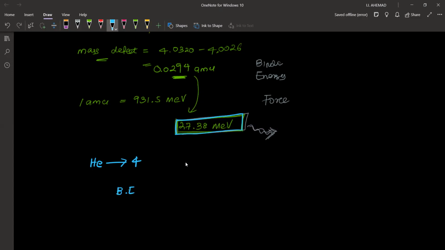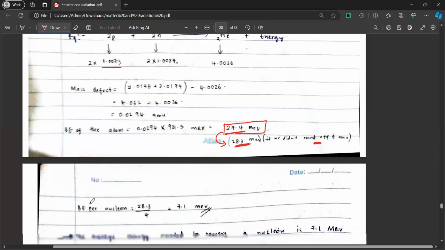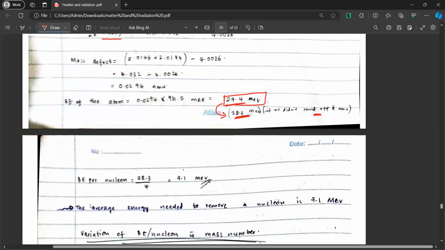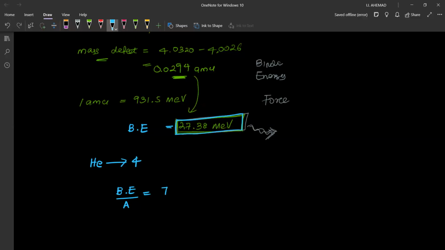So we call this the binding energy, which is divided by the atomic mass. So atomic mass will be the number of nucleons. So we get roughly around 7.1 mega electron volt.